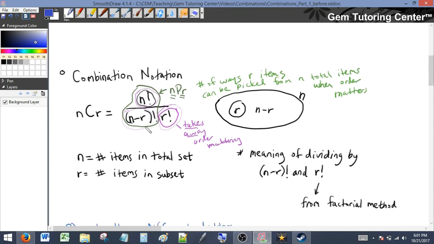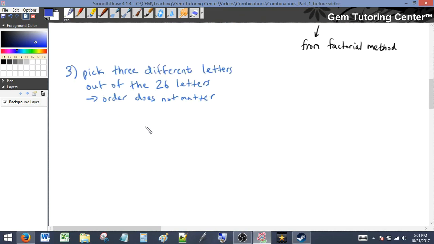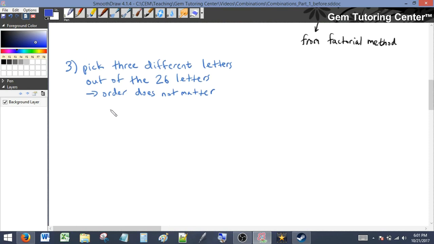Let's do problem number 3. It says pick 3 different letters out of the 26 letters, order does not matter. We saw this problem before in the permutations video. We're going to solve it using combinations now because order doesn't matter.